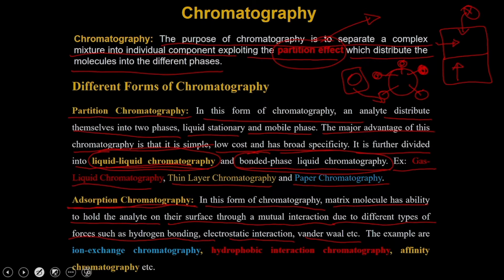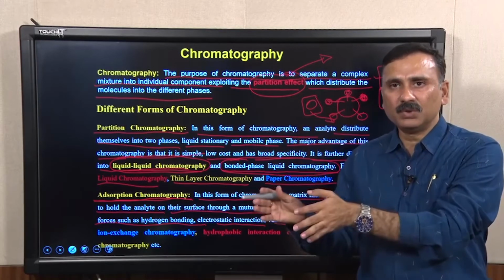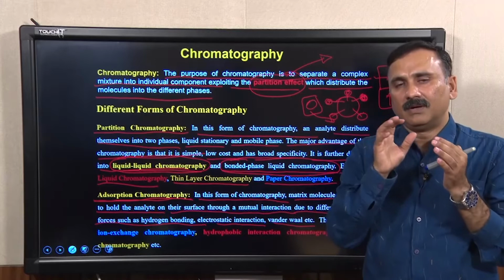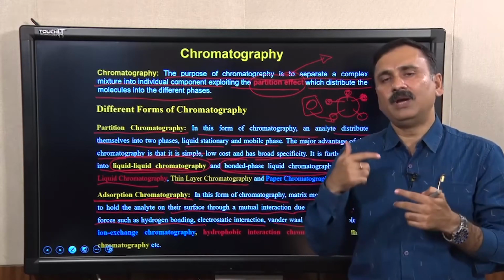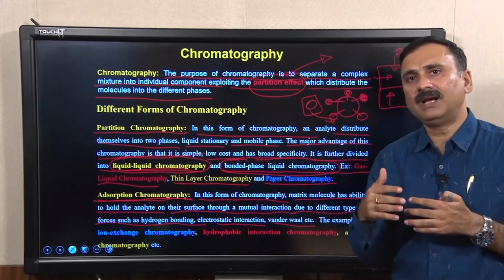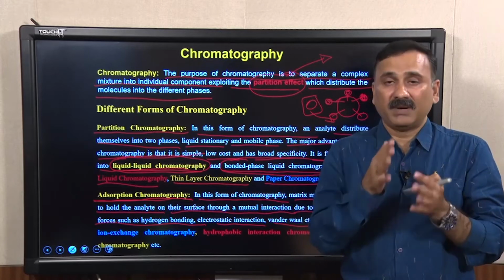So, partition chromatography is simple, low cost, and has broad specificity. It means partition chromatography is not directed towards specific molecules, whereas adsorption chromatography can be modified or adjusted in such a way that it is directed even towards a specific molecule.